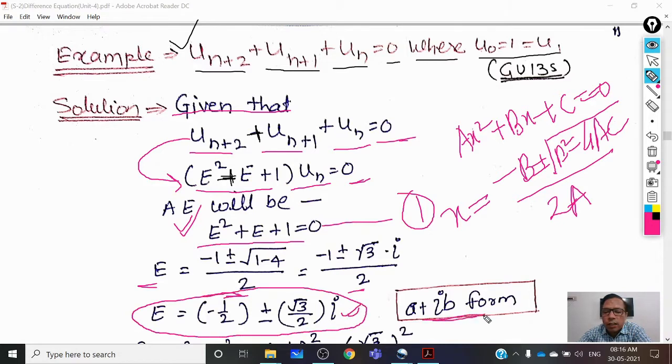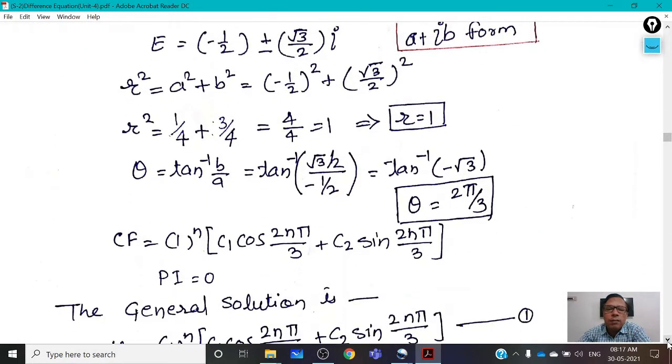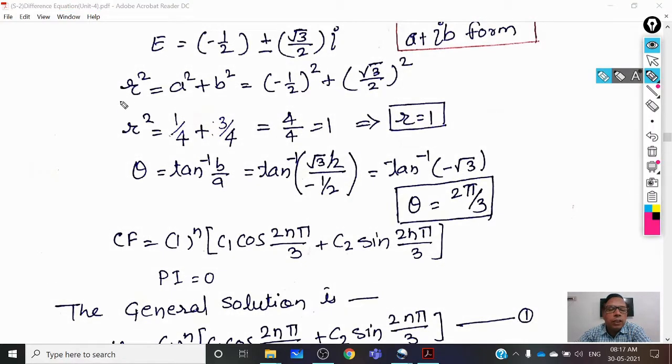This is the a plus minus ib form. So we have r^2 equal to a^2 plus b^2, so r^2 means (minus 1 by 2)^2 plus (under root 3 by 2)^2.